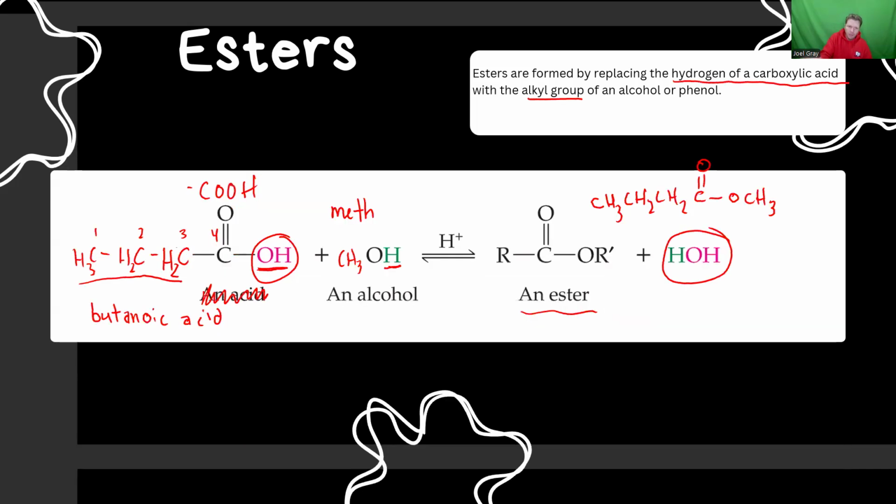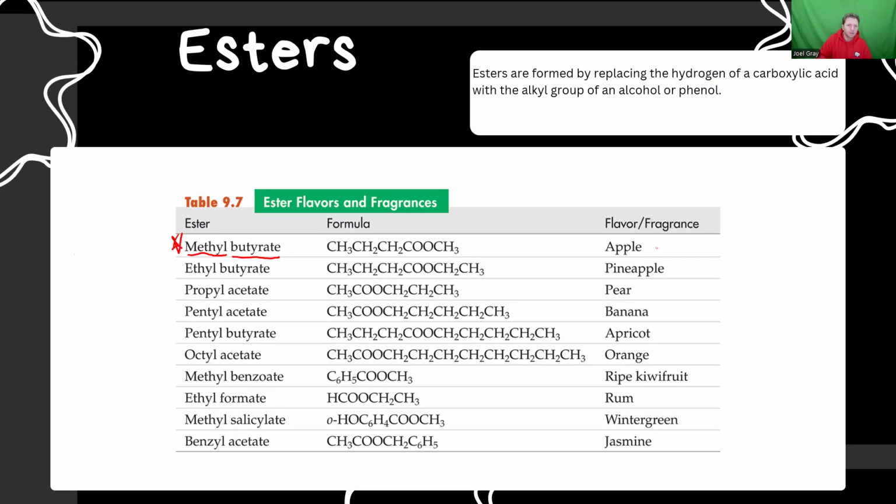We make an ester and a water is left over. Thank you very much for asking that and clarifying that. So if we had reacted ethanol with butanoic acid, then we'd make ethyl butyrate, which smells like a pineapple or tastes like a pineapple. So these are all the different things that are made from different carboxylic acids and alcohols.